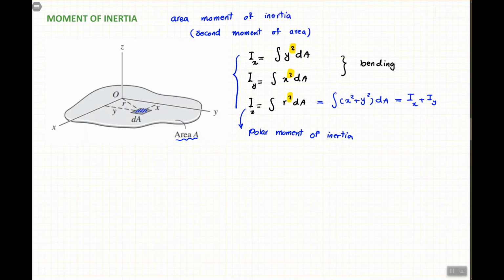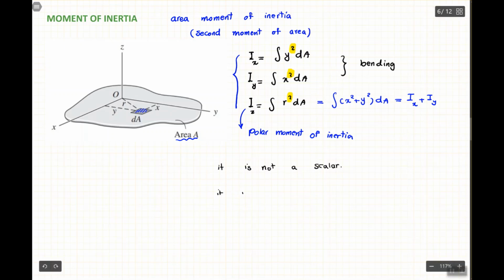But before we move further, we should keep in mind that the moment of inertia is not a scalar, because remember, for a scalar we just have one number, which is the magnitude, but here we also talk about an axis, right? But it also doesn't have a direction. It doesn't make sense to say a moment of inertia is positive or negative if you look at this integral, right?